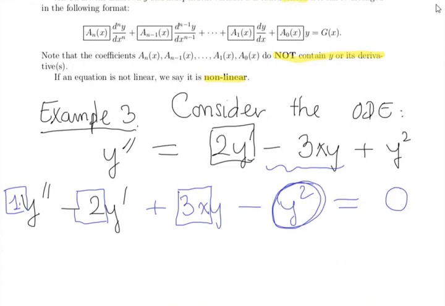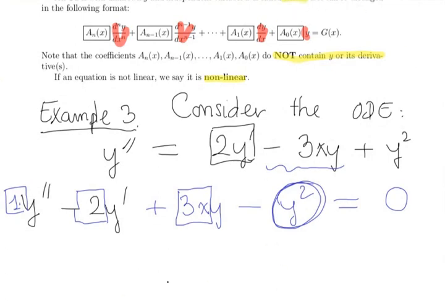If you look back at the format for a linear equation, we don't see any y squared. We don't see any y squared. So this equation does not follow the format.